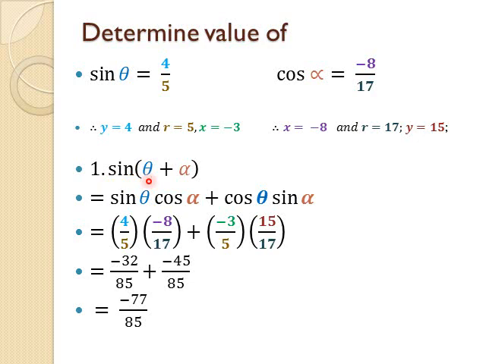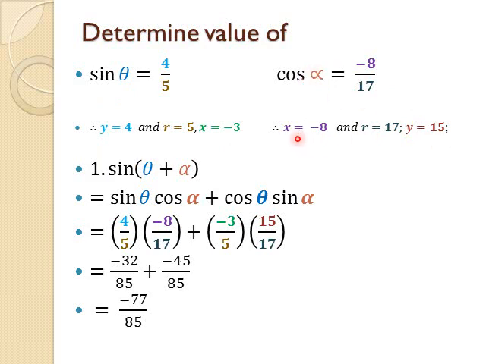So first, without the calculator, we have sine of theta plus alpha. So we expand that using the compound angles. That would become sine theta cos alpha plus cos theta sine alpha. Very important, we choose from the proper side. So when I say theta, I can only use that.